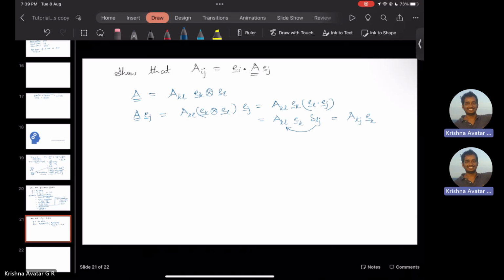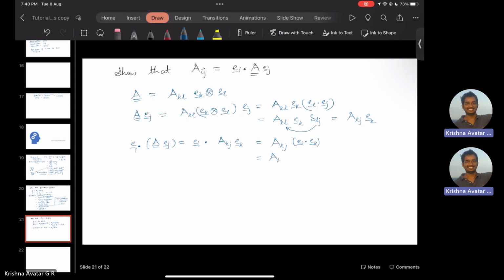Fine. Now when we take e_i dot A e_j, this becomes e_i dot A_kj e_k, and this is the same as A_kj e_i dot e_k.